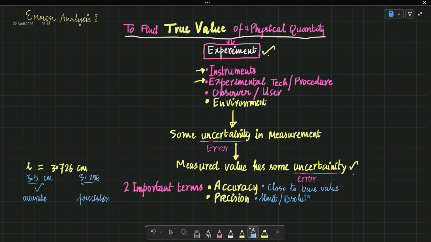So we are saying that to find the true value of any physical quantity, we need to perform an experiment.